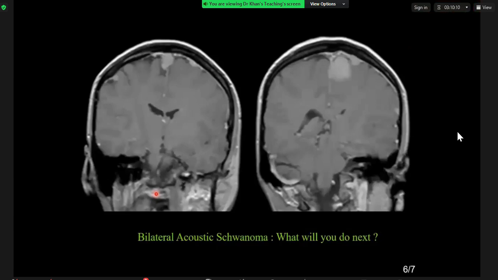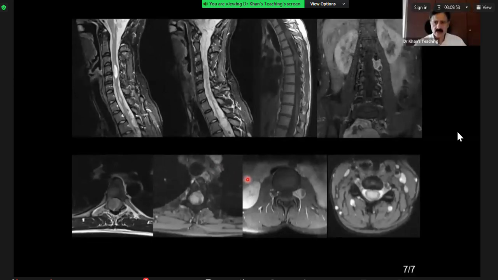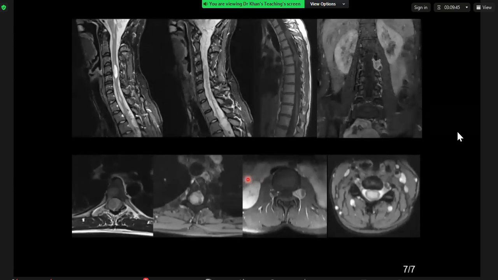So a patient has bilateral acoustic schwannoma, so I'd be thinking about NF2. So the patient should have neural axis imaging to look for ependymomas. Here you are. So again, in the spine, the sagittal and the coronal and axial slices, there are multiple lesions which are high on T2, along with some enlargement of the cord.